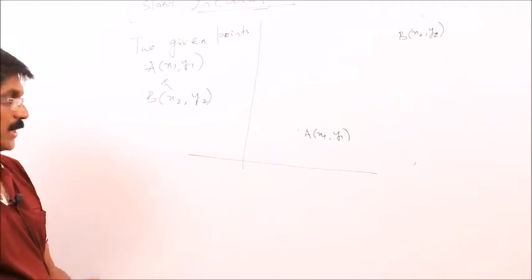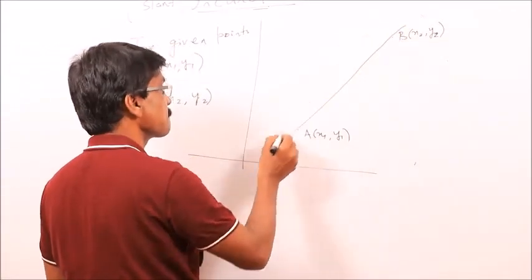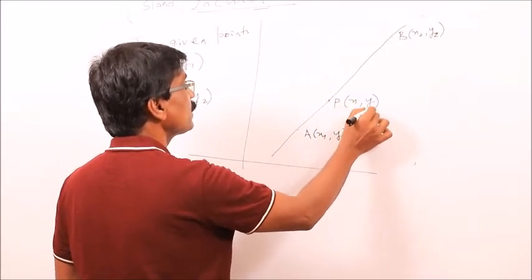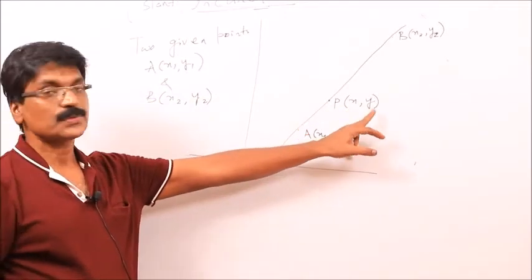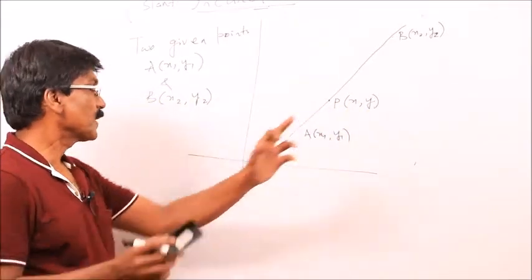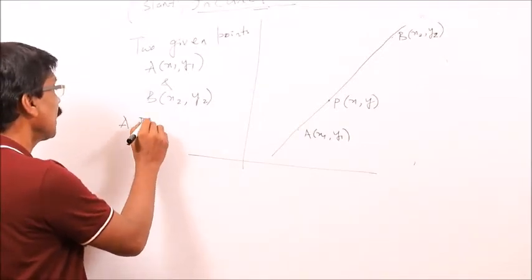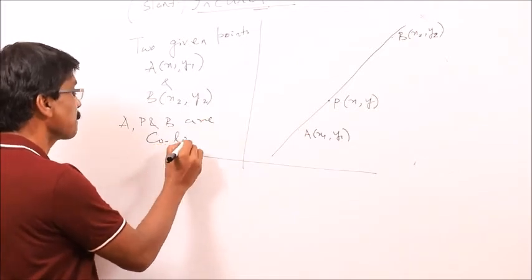Now, we can draw a line through these two given points by a moving point P having coordinates x y. Now, A, P and B are collinear.